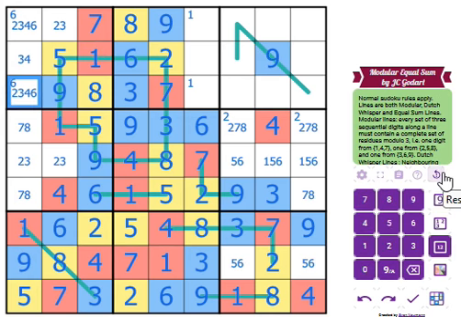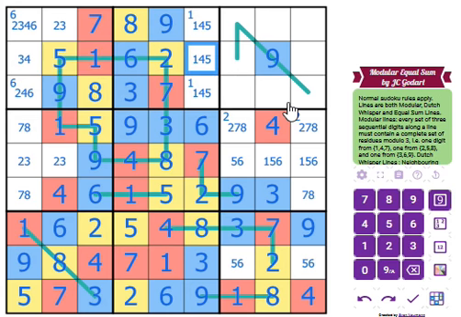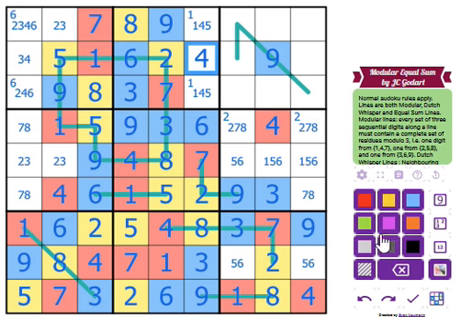So this is not 3. Here we have 1, 4 and 5. So this is not 1, 5. 4 goes here.